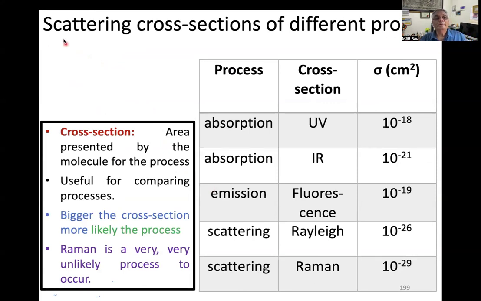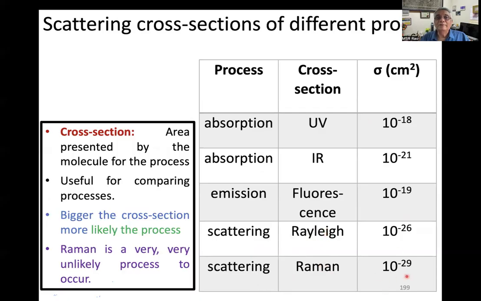This is a very important view graph where you see the cross-section for absorption, emission, scattering, Raman scattering and Rayleigh scattering.